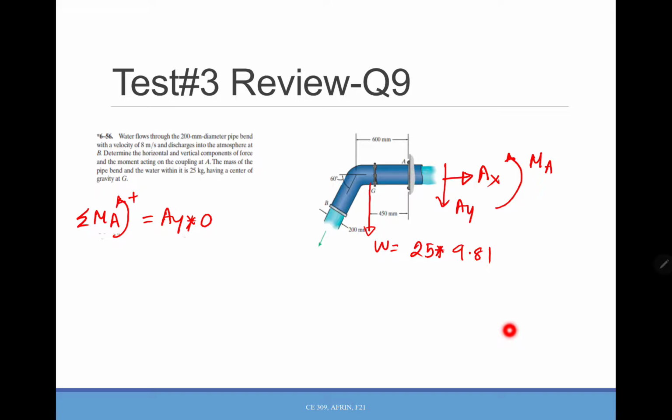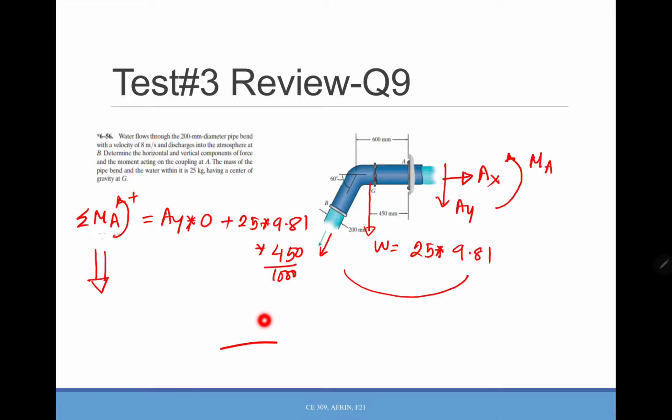We need to consider that W, and at the same time we need to apply the moment due to the flow, because of the way it is turning here. So we need to add that one as well. What you will do is add 25 times 9.81 times the distance, 50 over 1000.